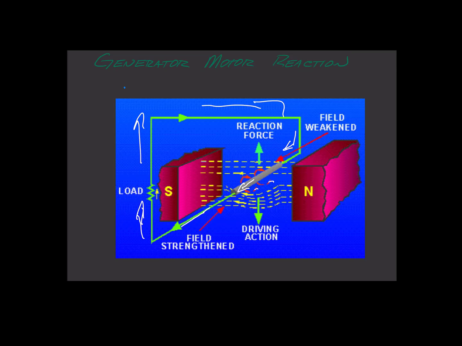Real simply, with no external load applied, it's very easy to spin a generator because there's no magnetism. But the heavier the load, the more current we're drawing, the stronger the magnetism through the armature, and this creates an actual physical, mechanical resistance to the armature spinning.